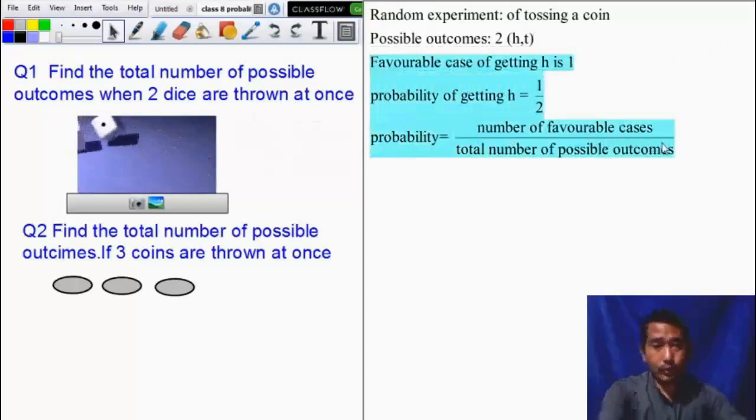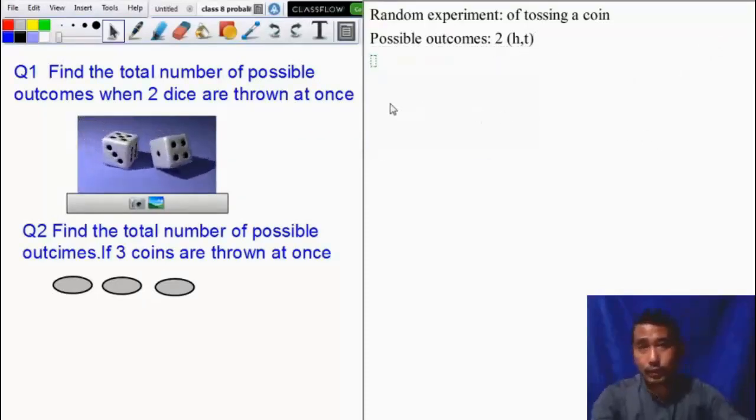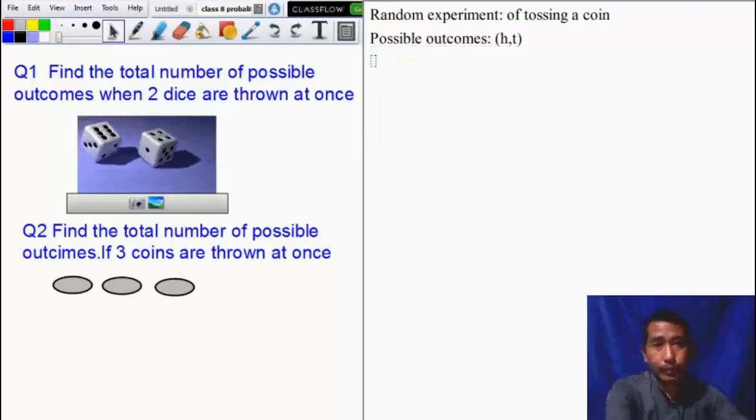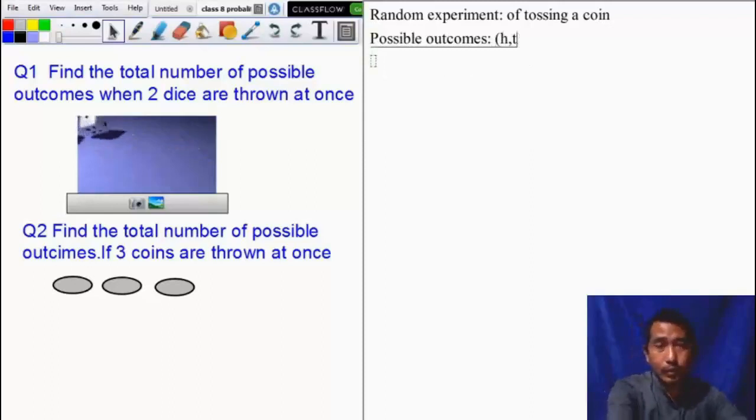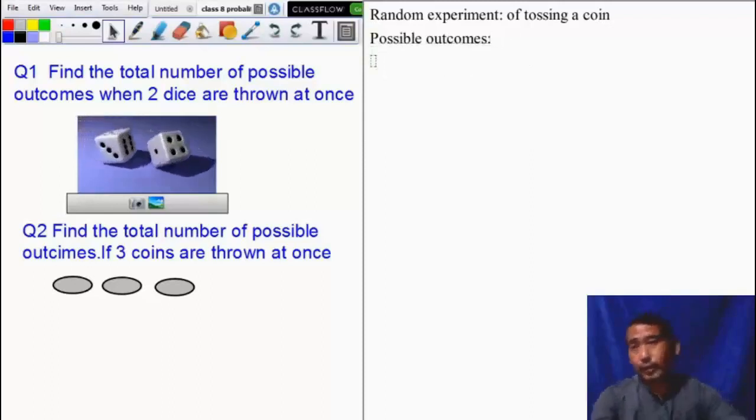We don't have any probability portion in these questions. What you have to do is only find the possible outcomes for both questions.